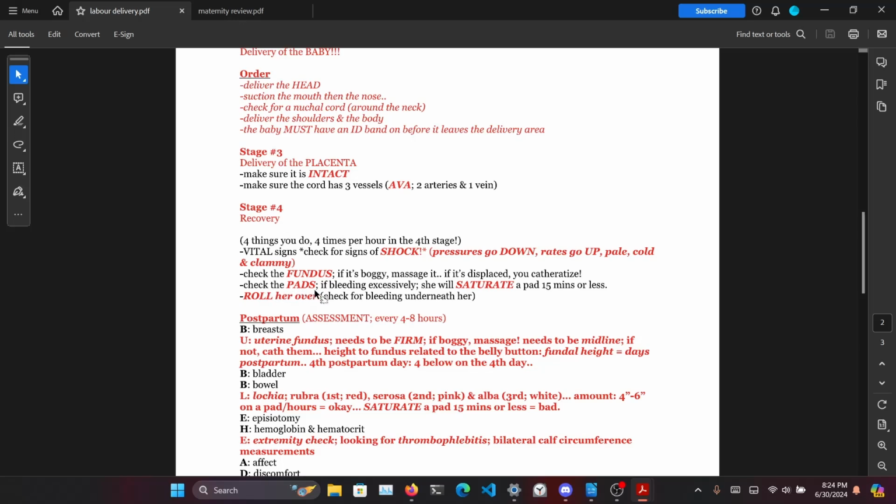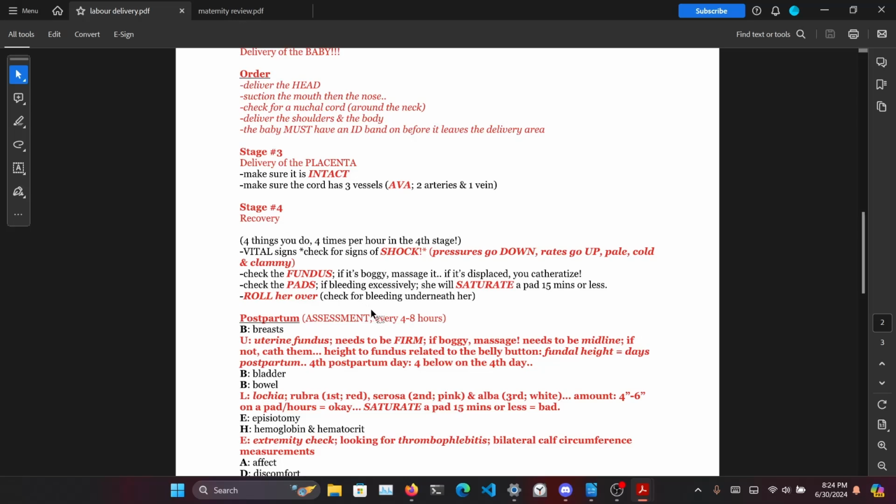Then next is check the pads. If bleeding is too much, if the mother is saturating one pad in 15 minutes or less, it's a case of postpartum hemorrhage. You have to inform the doctor. When you're checking the mother for bleeding, you also have to turn her to the side to check the bleeding at the back, right?